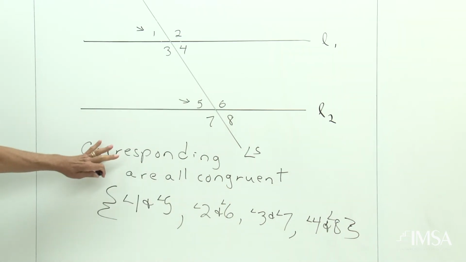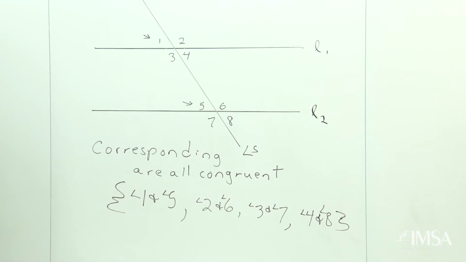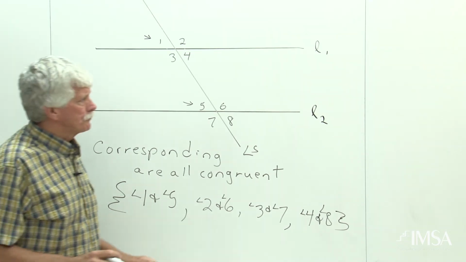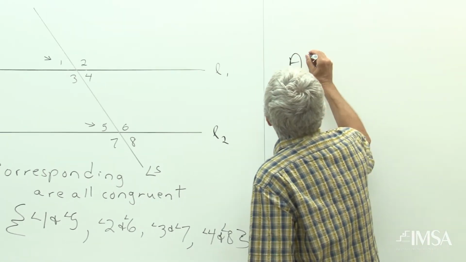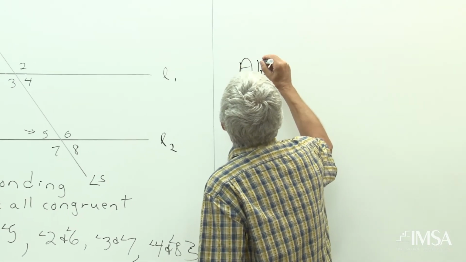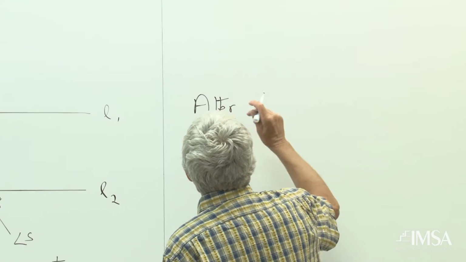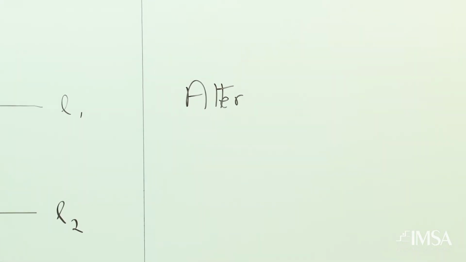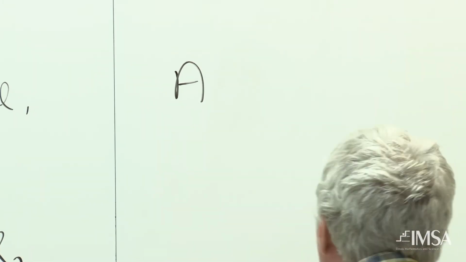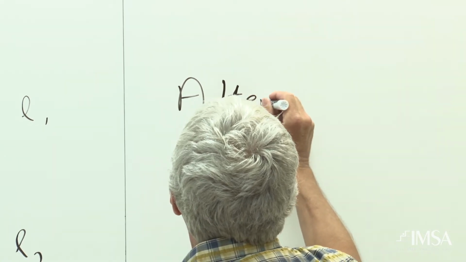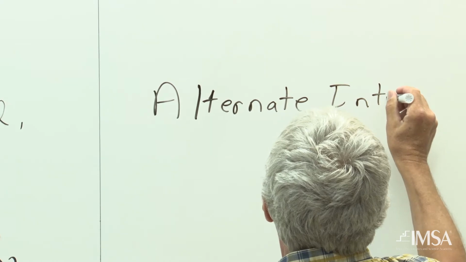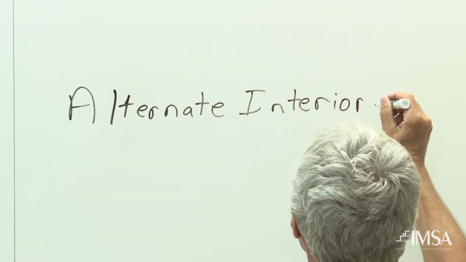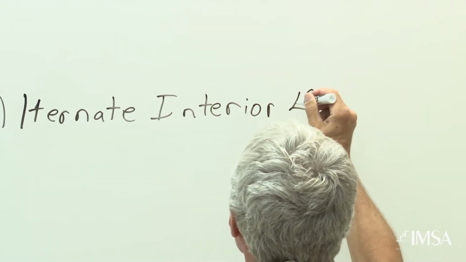Okay, we're going to keep looking at this, and now we're going to look at some other angles that are congruent. We have other angles, and they're called alternate interior angles.